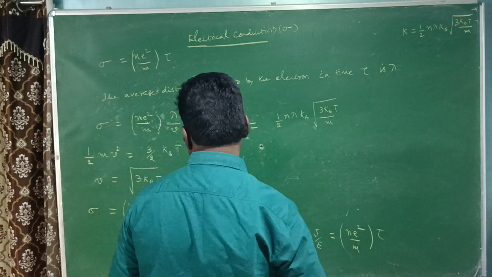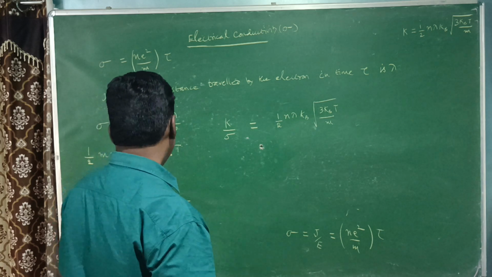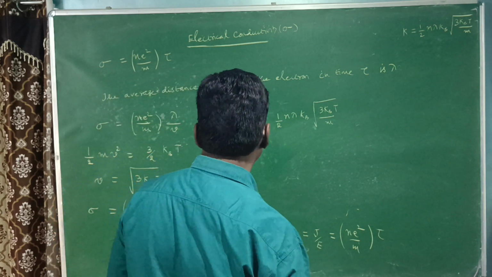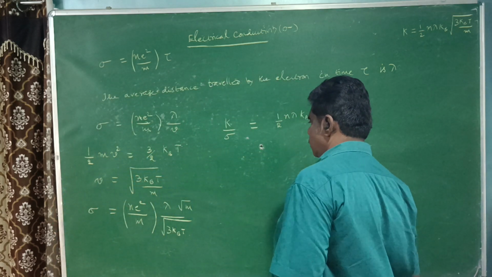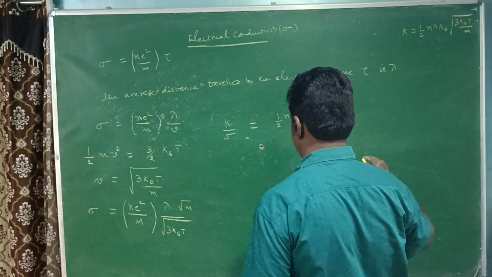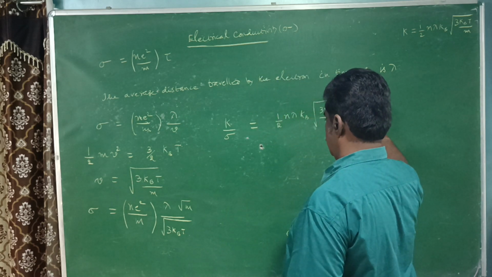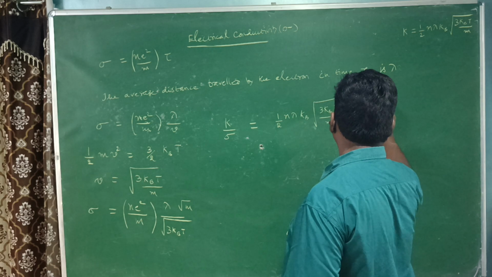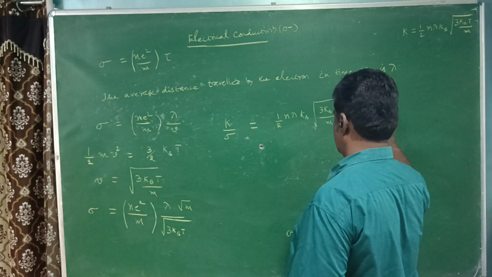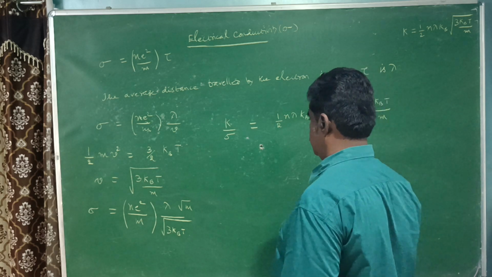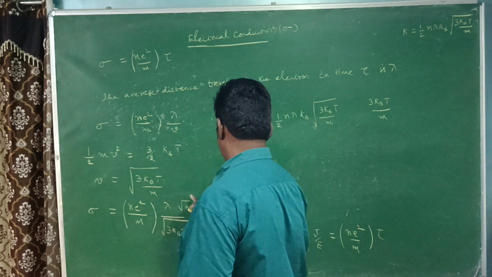This is the value of K divided by sigma. Just we have to put this 3 k_B into T by m. See this factor.